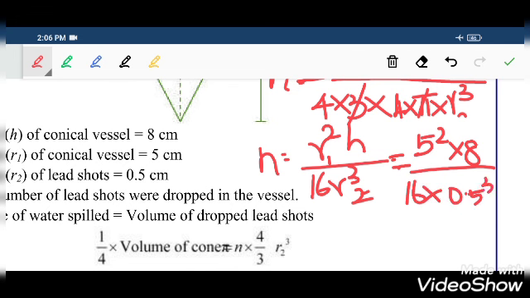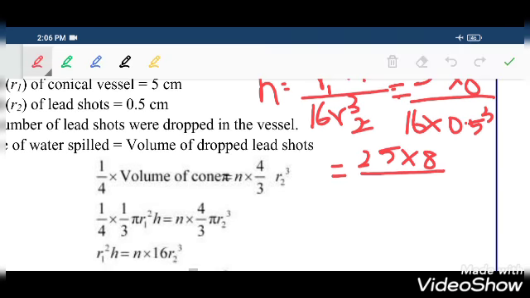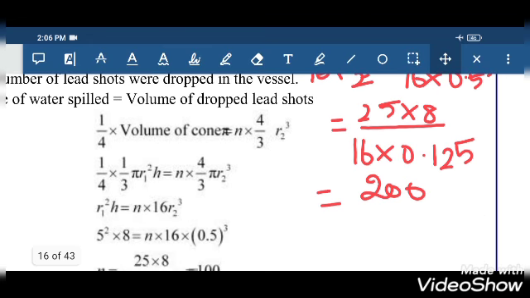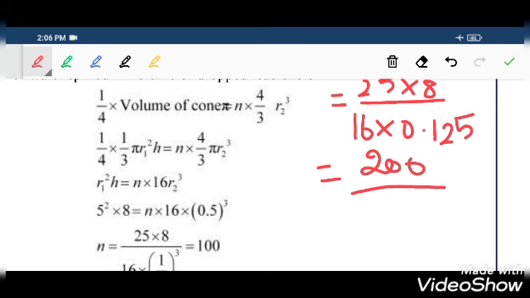So r1 square is 5 square into 8 divided by 16 into 0.5 whole cube. Now you got the value 25 into 8 divided by 16 into 0.125. So now you need to multiply these two. 8 into 25 you got 200. 200 divided by 16 into 0.125, you get 2.